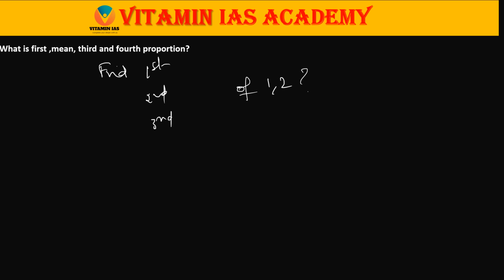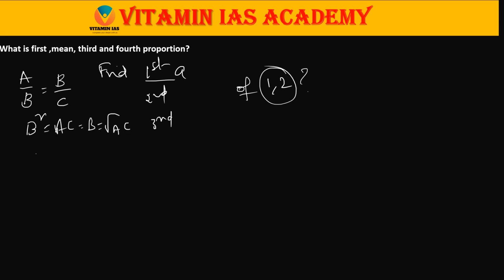Here, just find for 1, 2, this is the value, and let us find the first proportion. First proportion means A. So we already know from the mean equation A by B is equal to B by C. From there you will get B square is equal to AC, B is equal to root AC, A is equal to B square by C, and C is equal to B square by A. These are the formulas we know.